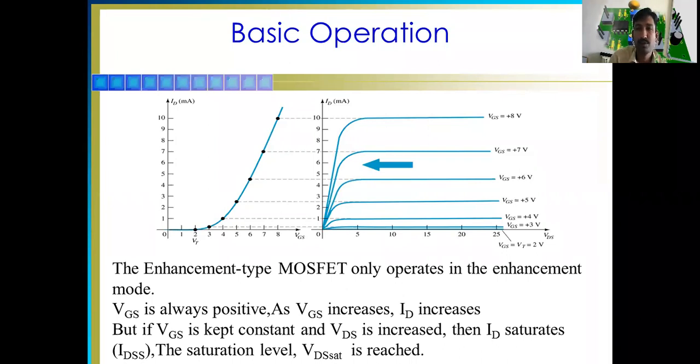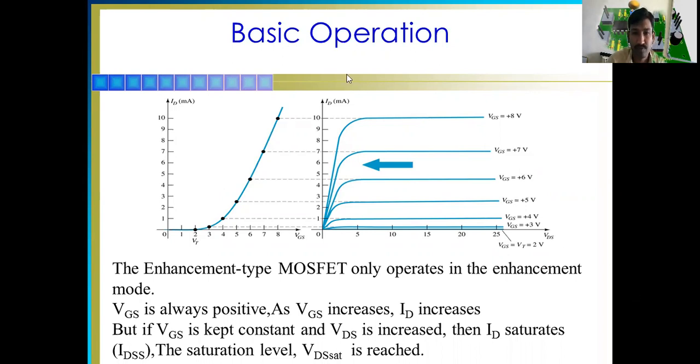Here one of the most important conditions is that VGS, the voltage across gate and source, is always kept positive, right? As the voltage across gate and source increases, then ID, the drain current, increases.